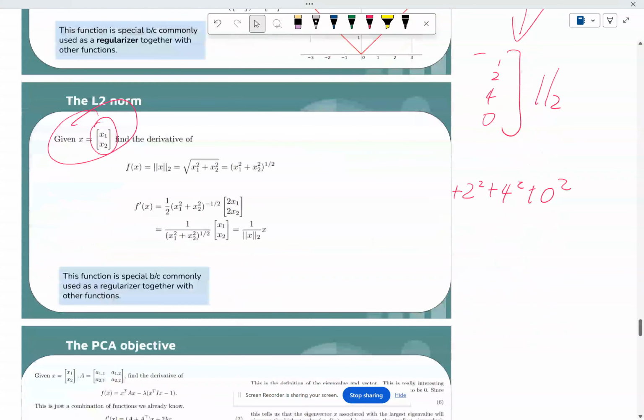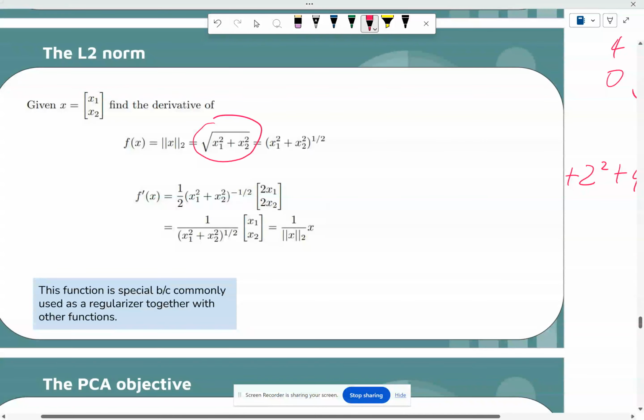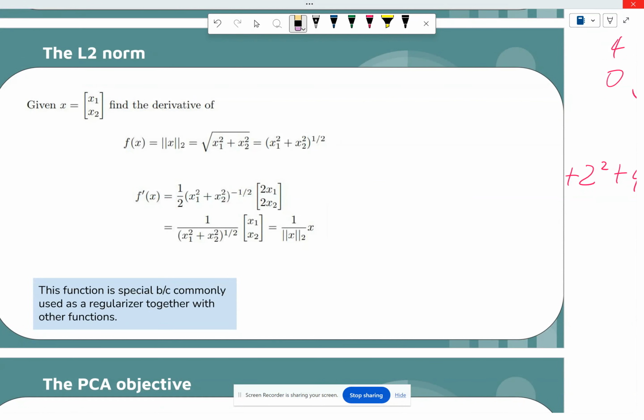Well, this right here, for example, is simply to the power of 1/2. When you take the derivative, you put a 1/2 at the front, x1 squared plus x2 squared, and then you subtract 1, so it's minus 1/2.